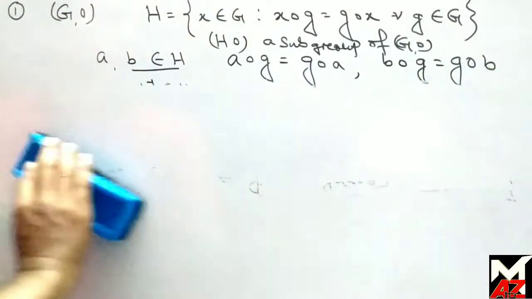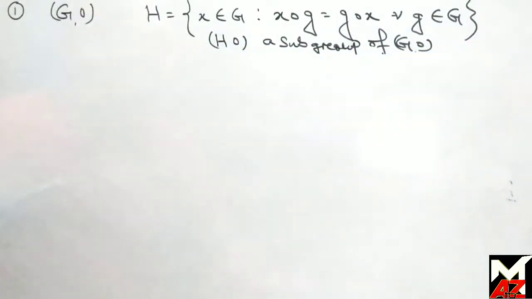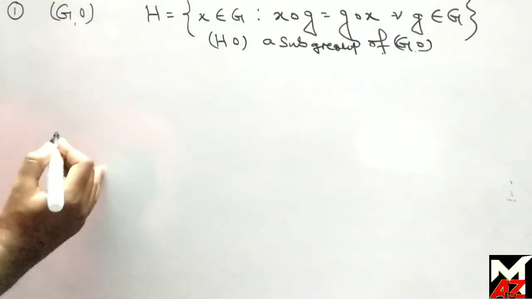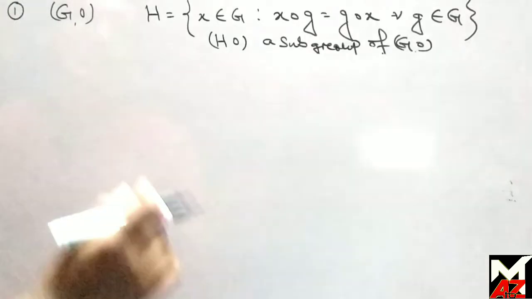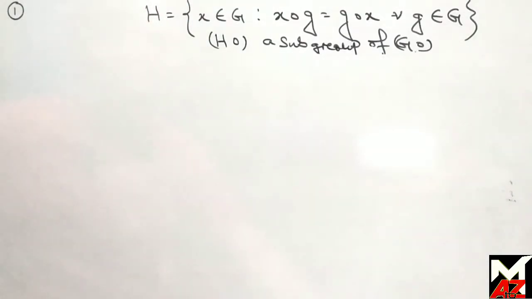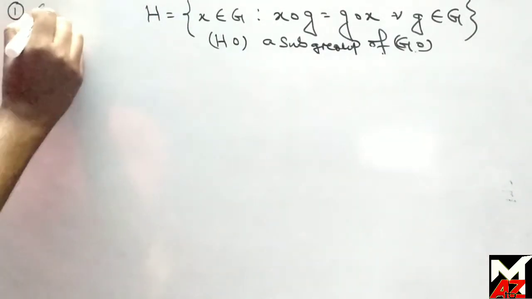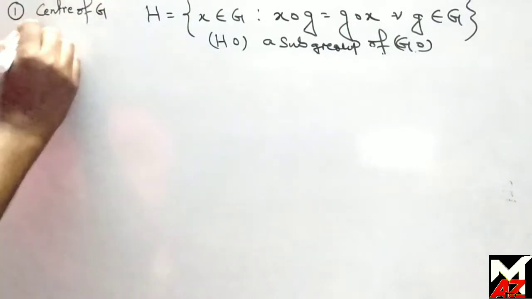And this subgroup, that is H, is called the center of the group. So our first subgroup is the center of the group. Center of G.